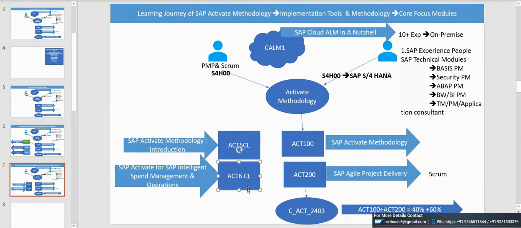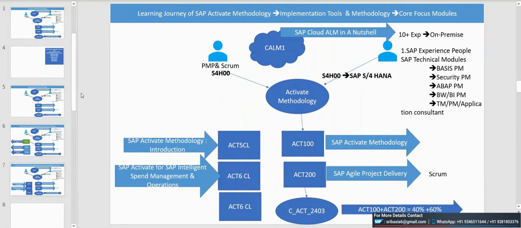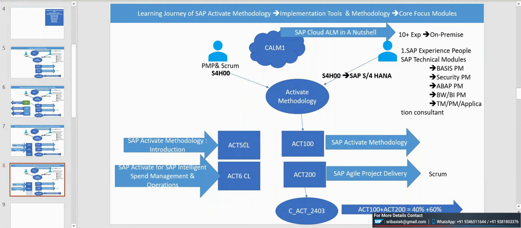No, actually I'm working on SuccessFactors. Okay, again, SuccessFactors for customer, SuccessFactors for consultant and project manager, you have two different courses. So let's say after completion of this, same thing here, I can say Activate and CA. This is basically for SAP Activate methodology for SAP SuccessFactors, customer related.